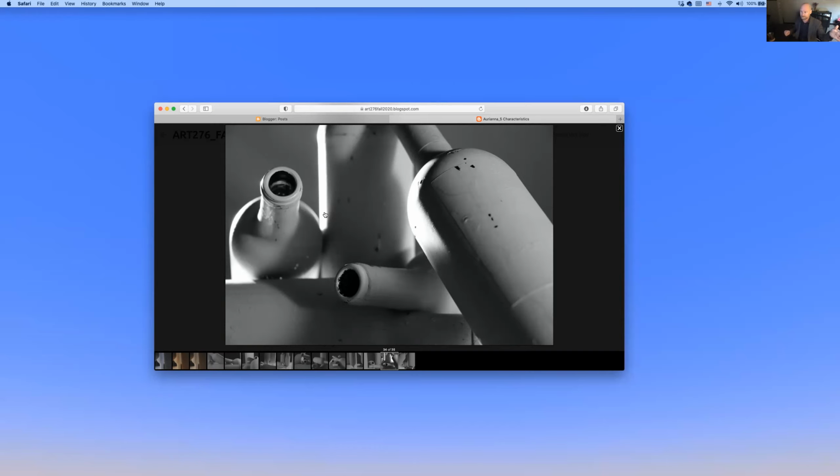And so what ends up happening is you have a filter over the key, no filter over the fill light, and the fill light starts to take over. It's too bright. So the idea would be to turn down the intensity of the unfiltered fill light so that it doesn't overwhelm the image and become another key light. So I think that's what happened here, where the fill is creating these tremendously bright areas here.